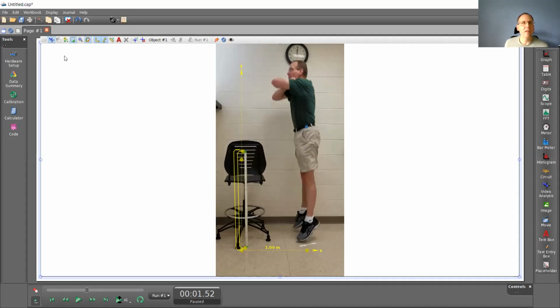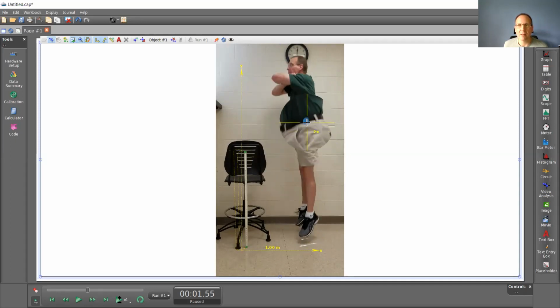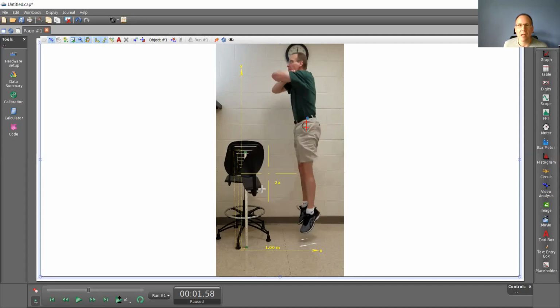Then you can go to the magnifying glass, and what you're tracking is the little blue marker on my hip. In theory, we'd really want to track the center of mass of my body, but that's a lot more complicated. We'd have to track different segments of the body and then create a model that represents center of mass. To give us a pretty good approximation, we're just going to assume that the hip marker represents the center of mass. So then you would click on it, and it advances a frame, and you keep tracking until just about before I hit.